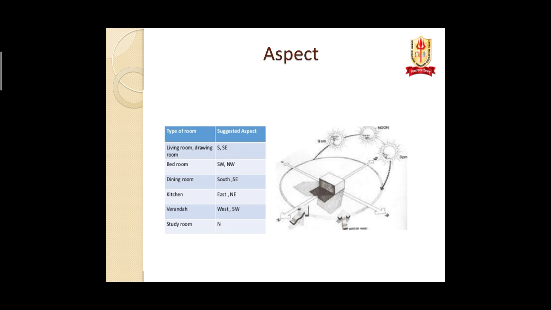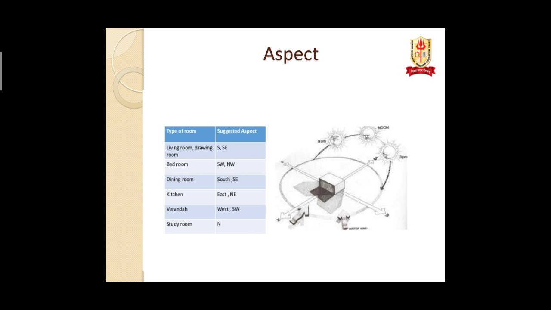Like this, you can see the living room and the drawing room should be kept in the south or southeast. Bedroom should be at the southwest or northwest. Usually the bedroom should be in the west direction because there we don't need so much light. We need a calm environment there. Therefore, the west is very good as the sunset is very calm.